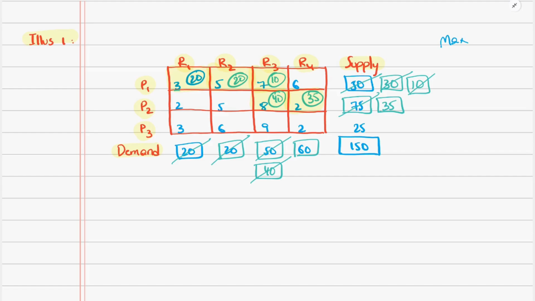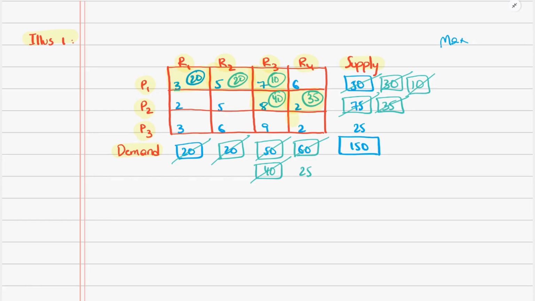Because of this allocation from P2 to R4, this 35 units is exhausted and the corresponding R4's demand is reduced by 35. So 60 minus 35, which is going to be 25, right? Now let's see, we only have one direction to move towards, which is downward.